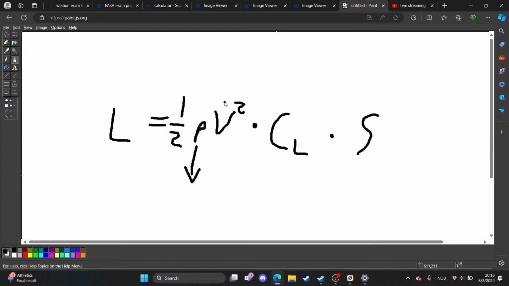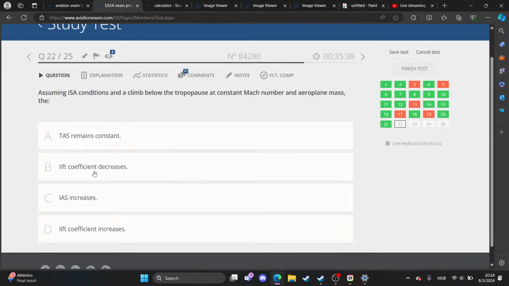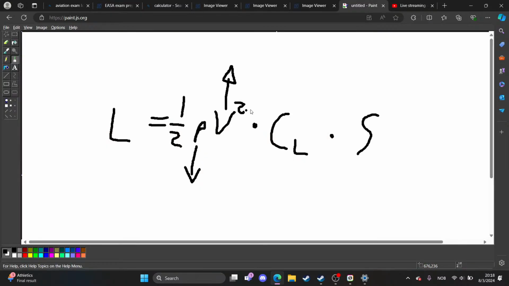To have a constant Mach number means that our true airspeed is decreasing, which means coefficient of lift must increase.